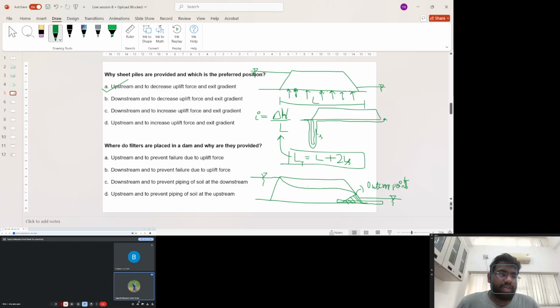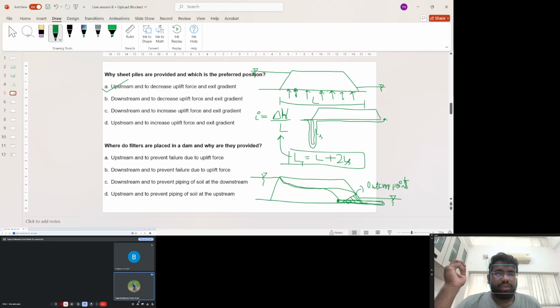So across this filter length, the pressure will be atmospheric. Hence the flow line will come and meet here and not at the slope of the downstream end. So this piping failure can be prevented, and the entire dam structure can be maintained in a stable condition.